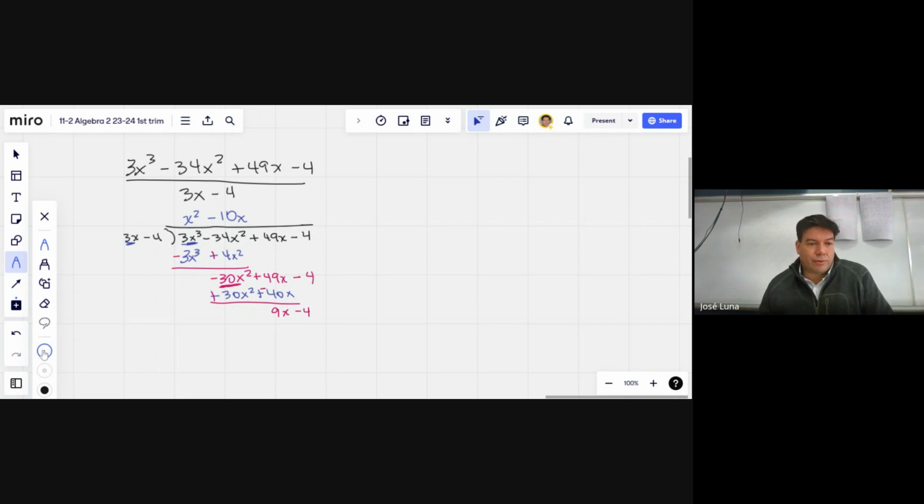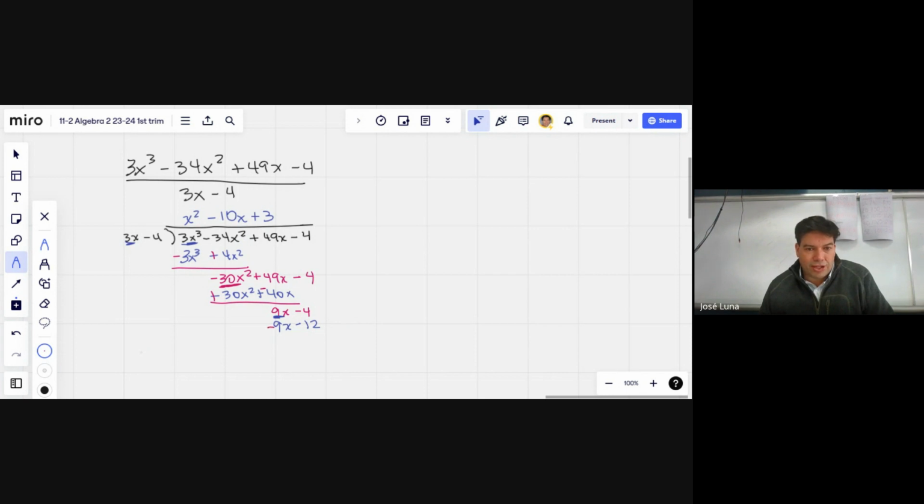So we repeat the process. What times 3x is 9x? So that's 3. 3 times 3x is 9x. 3 times negative 4 is negative 12. And so now we subtract.